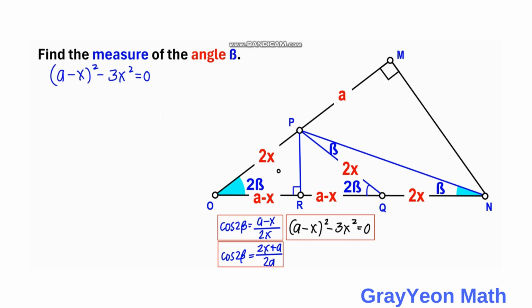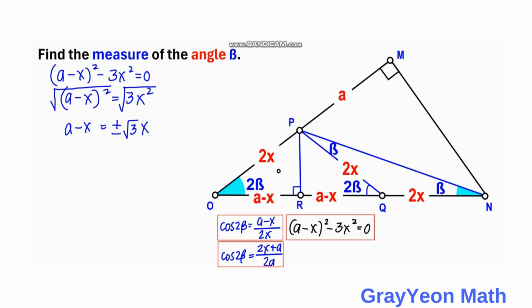Continuing from this equation, we put the negative 3x squared on the right-hand side, so we have a minus x squared equal to 3x squared. Taking the square root of both sides, a minus x is equal to plus or minus the square root of 3 times x.